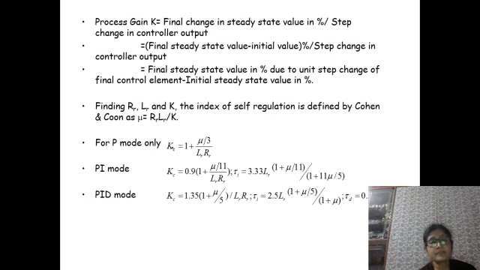Using these three values, all three parameters, that is Kc for the proportional mode, Ti for the integral mode, and Td for the derivative mode, are determined using the Cohen and Coon model parameter values.